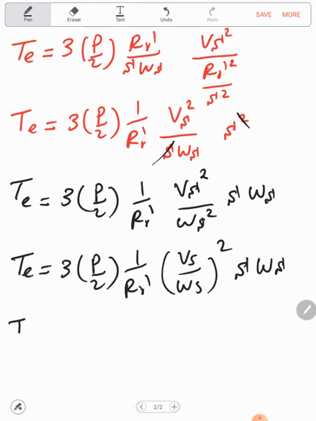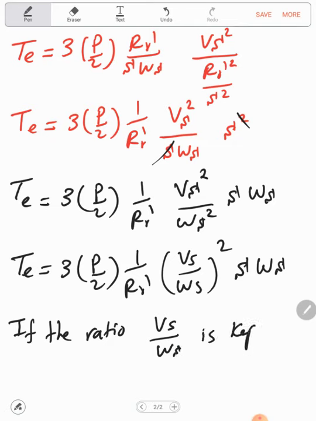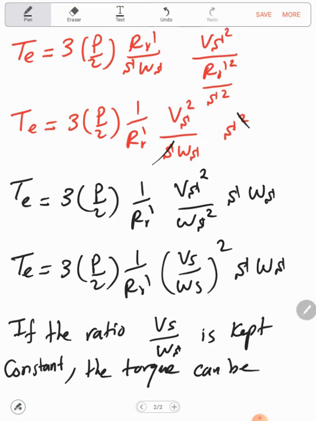Now, if the ratio Vs over omega s is kept constant, then the torque can be controlled by controlling the slip speed.